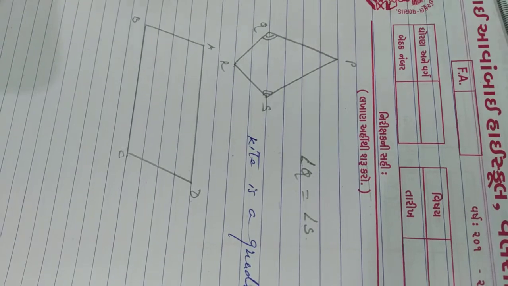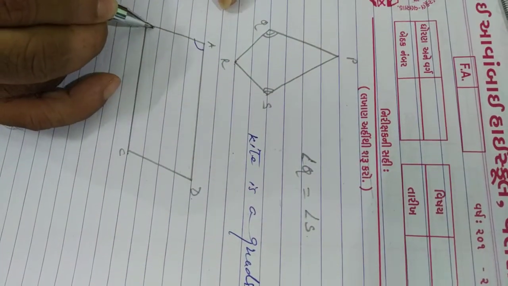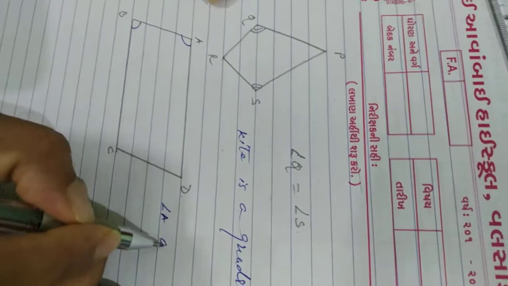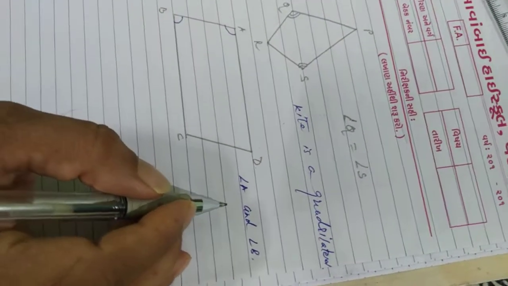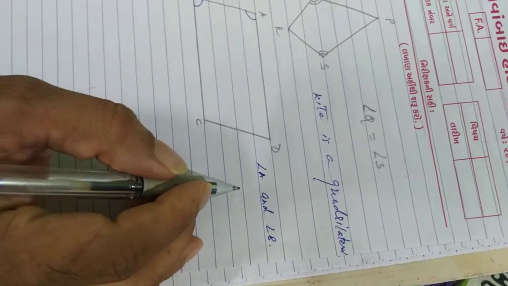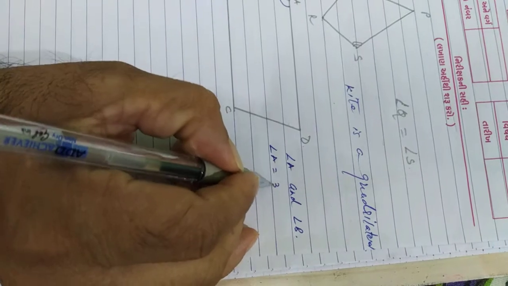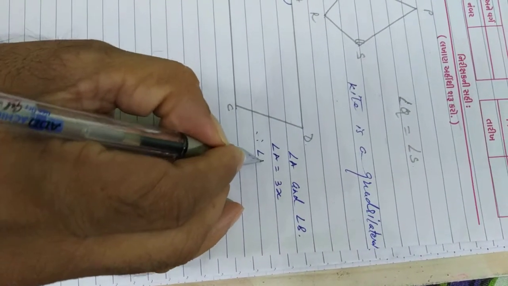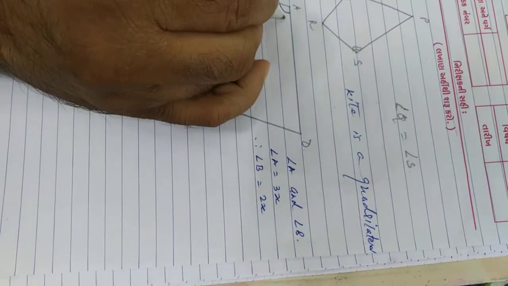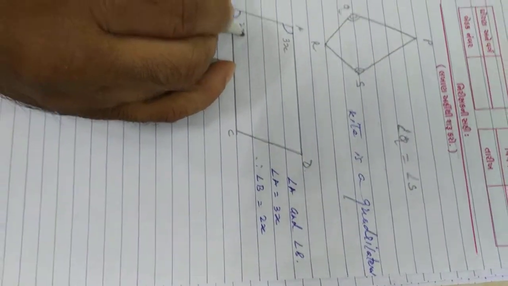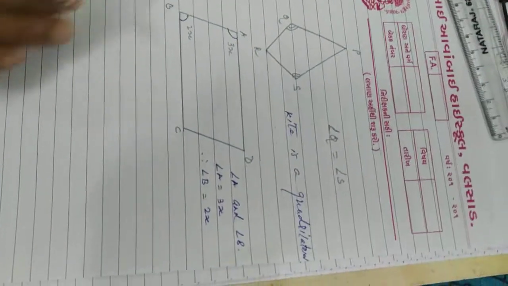Here the adjacent angles may be angle A and angle B, adjacent angles, right? They are in the ratio 3 is to 2. So maybe angle A is equal to 3x. Therefore angle B is equal to 2x, right? Find the measure of each of the angles.